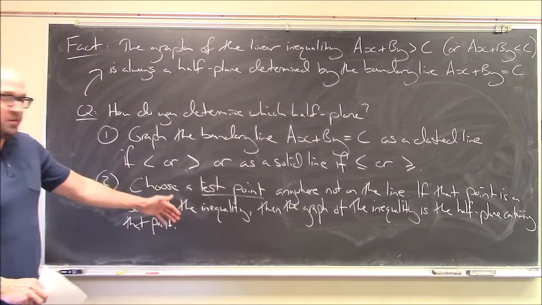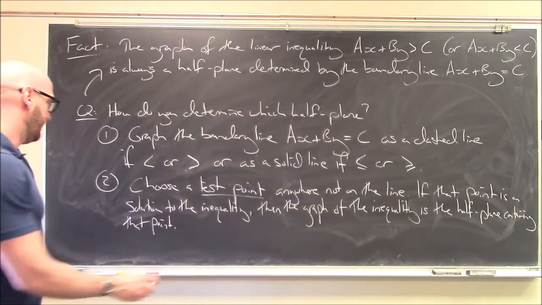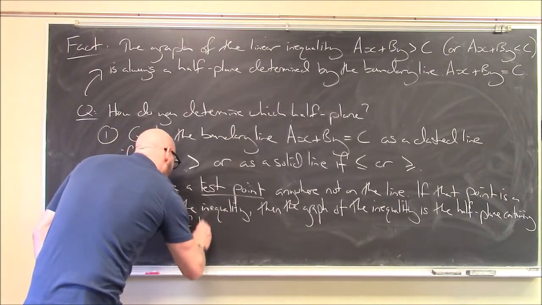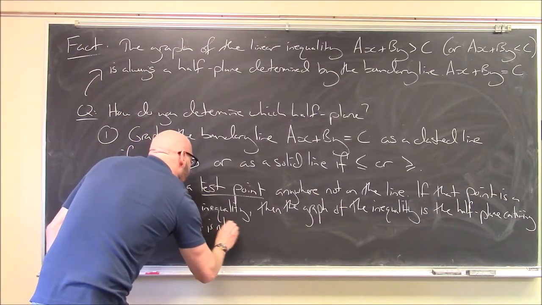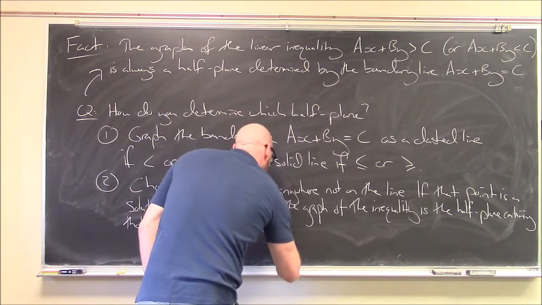If it's not a solution, that means the solutions are the other half plane. So if it's not a solution, the graph is the other half plane.